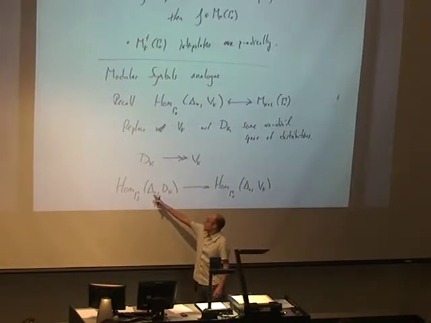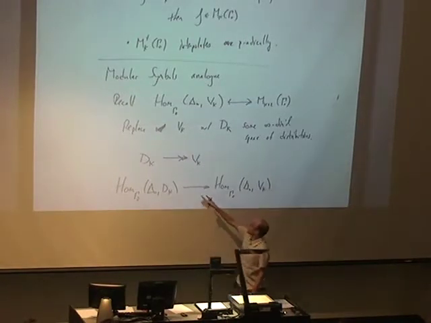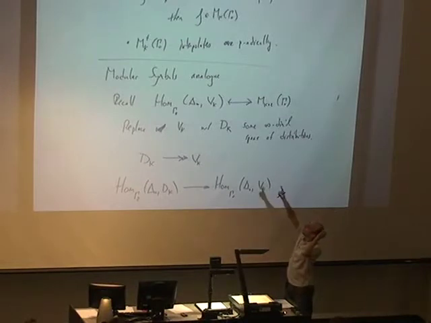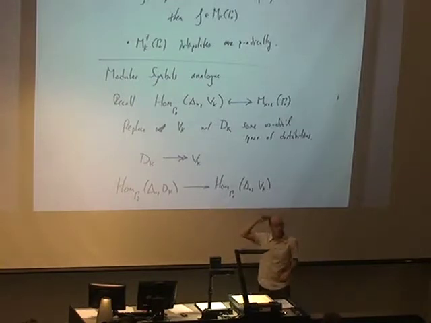Elements here are simply functions from Delta_0 to D_k, and so I just use that map and push them forward to functions on V_k. Things are a little bit dual here from the previous situation. There, modular forms are a sub of overconvergent modular forms. Here, classical modular symbols are a quotient of overconvergent modular symbols. But that'll be the game plan.